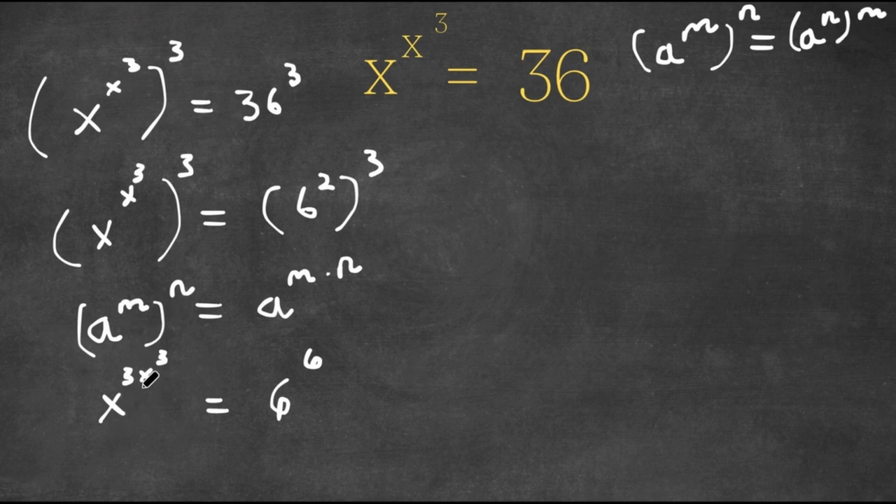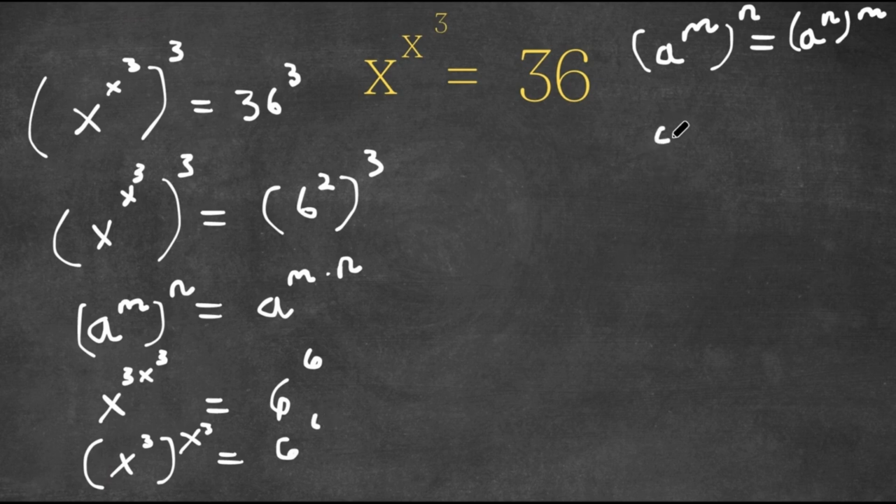So then x to the power of 3 to the power of 3 times x to the power of 3 would equal x to the power of 3 to the power of x to the power of 3. This is equal to 6 to the power of 6.